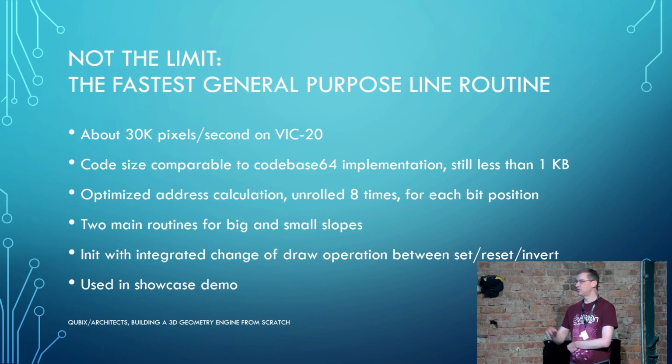And it's also quite comfortable because it comes with an integrated change of the draw operation between set, reset, and invert. So it can be used as a building block for many other programs. And as said, I used this in the showcase demo.